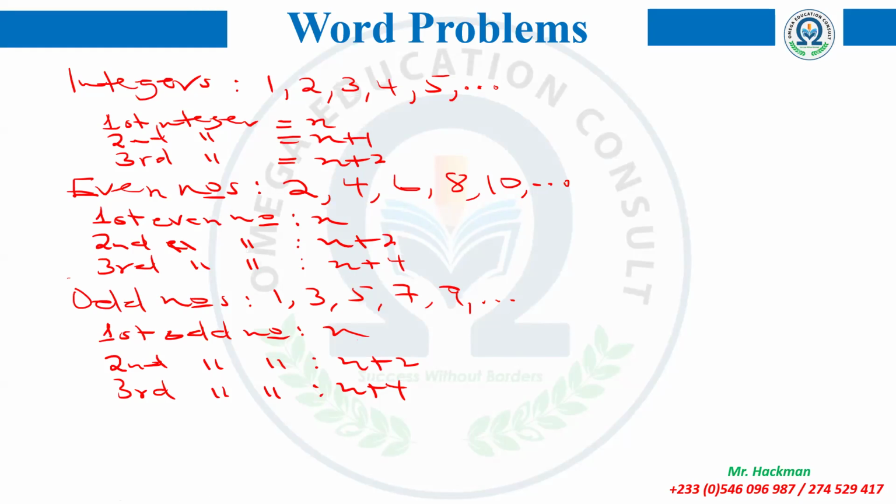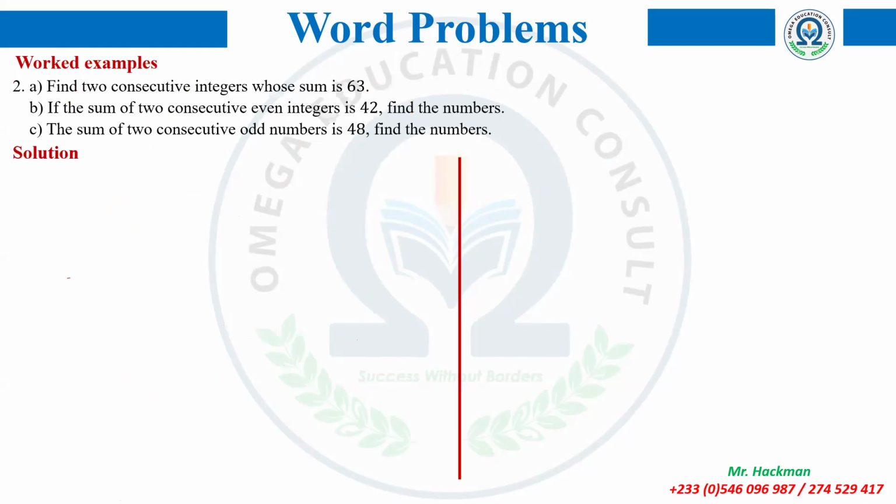Please do ask questions. I've told you, if you don't get it here, don't shoot yourself in the foot. All right, so now let's look at these questions. Question 2A: find two consecutive integers whose sum is 63. So we don't know the integers, but we know their sum, and we are going to find them.